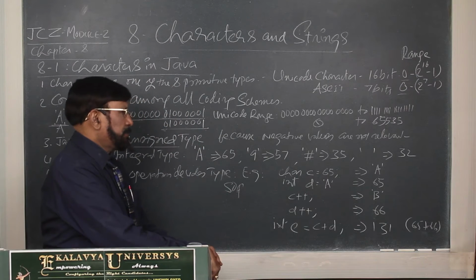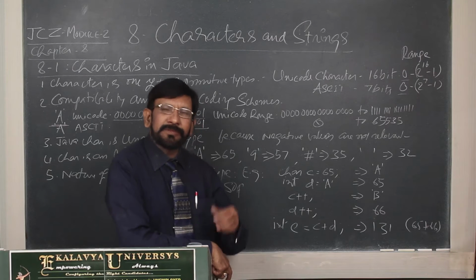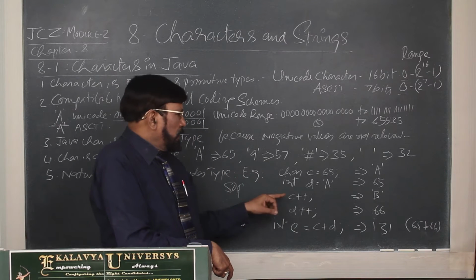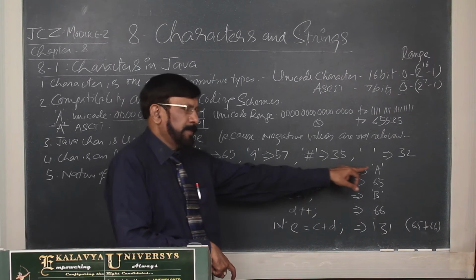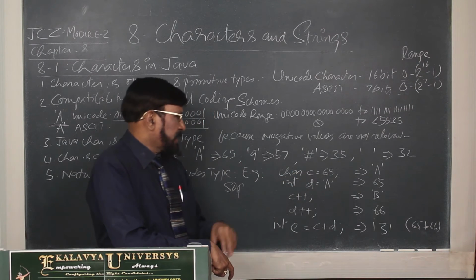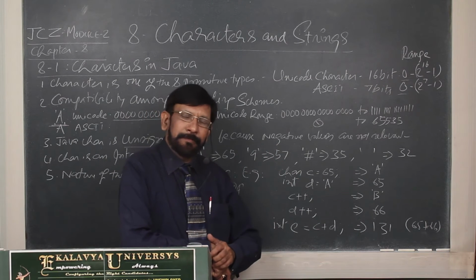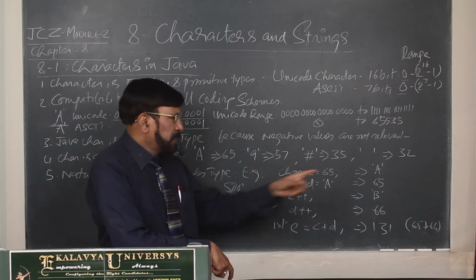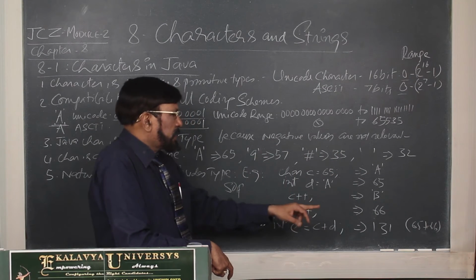Now next one. c++ he made. Plus plus means plus 1. Now what is c's value? Here c's value is A because it is a character. Now on A, you are doing c++. That's why what you are expecting, character A++ means the next character after A. What is that?